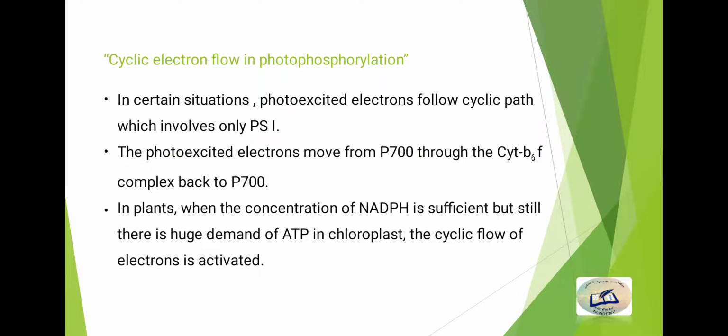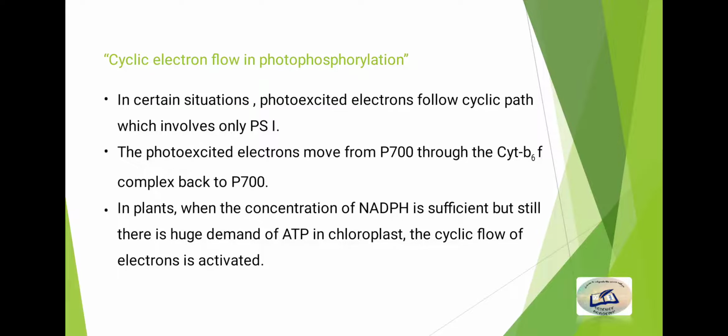Now why does the name come cyclic photophosphorylation? From the term cyclic, you can understand that the electrons in this process are cycling through a particular process and are returned back to the original source. This is the simple meaning of cycle. Then we have the term photophosphorylation.